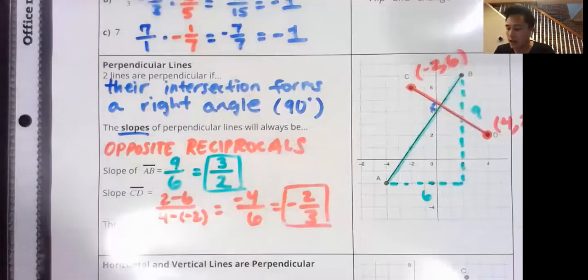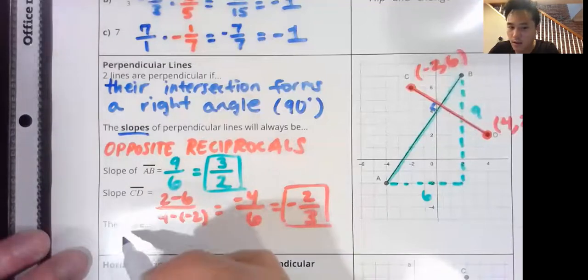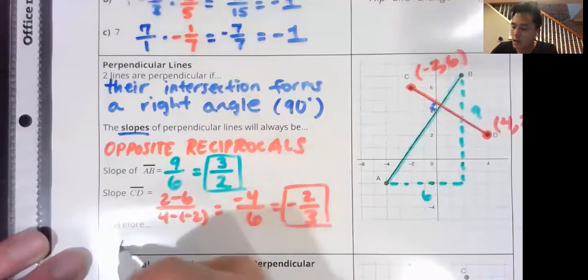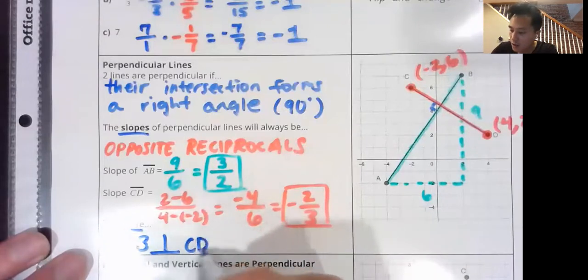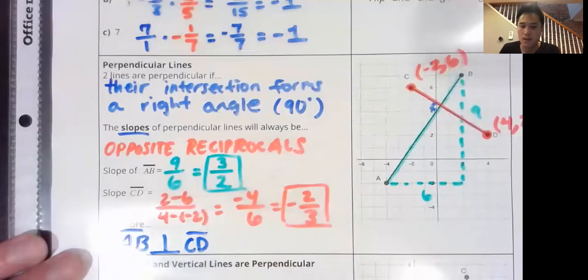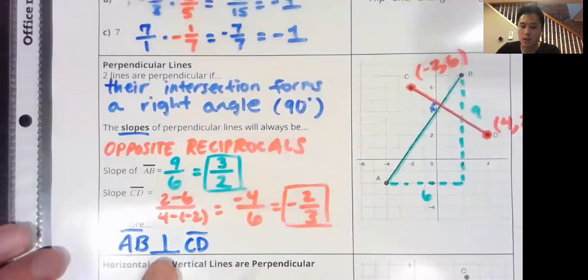Therefore, I can say that AB is perpendicular to CD. This is the perpendicular symbol that you can use. And we always need a because.